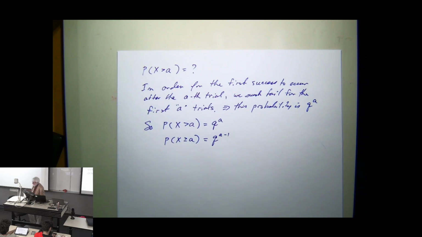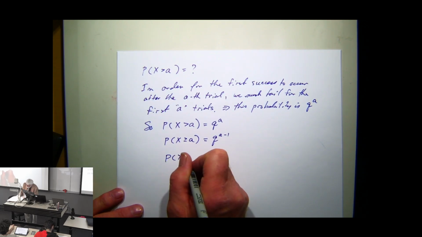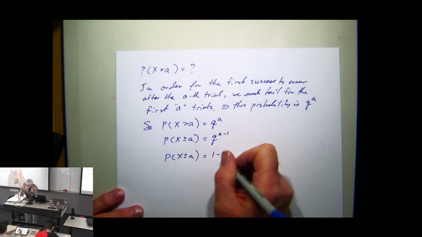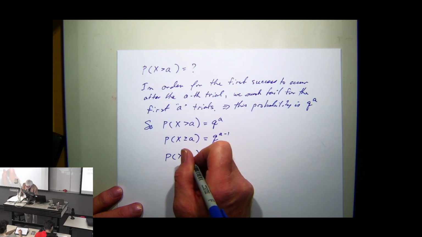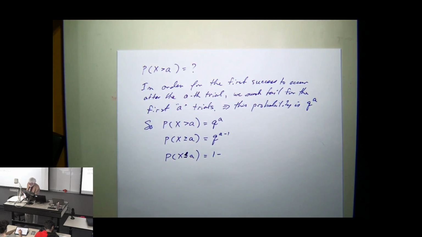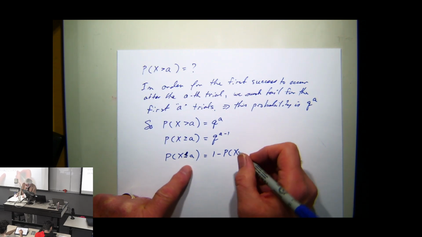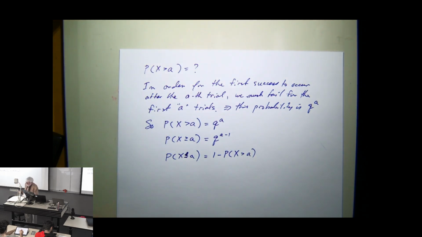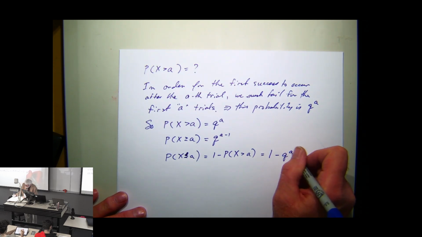Now, we can use this to work out some cool complements. If I want the probability that x is greater than or equal to a, we just did that one. I want less than or equal to a. Probability x is less than or equal to a, well, that's just the complement of x is greater than a. So I do 1 minus the probability x is greater than a, and so that's just going to be 1 minus q to the a.